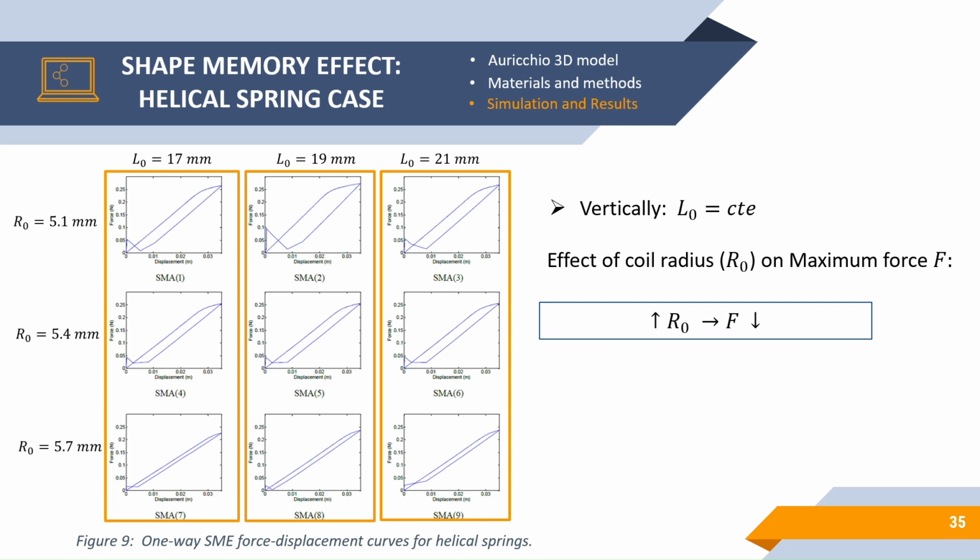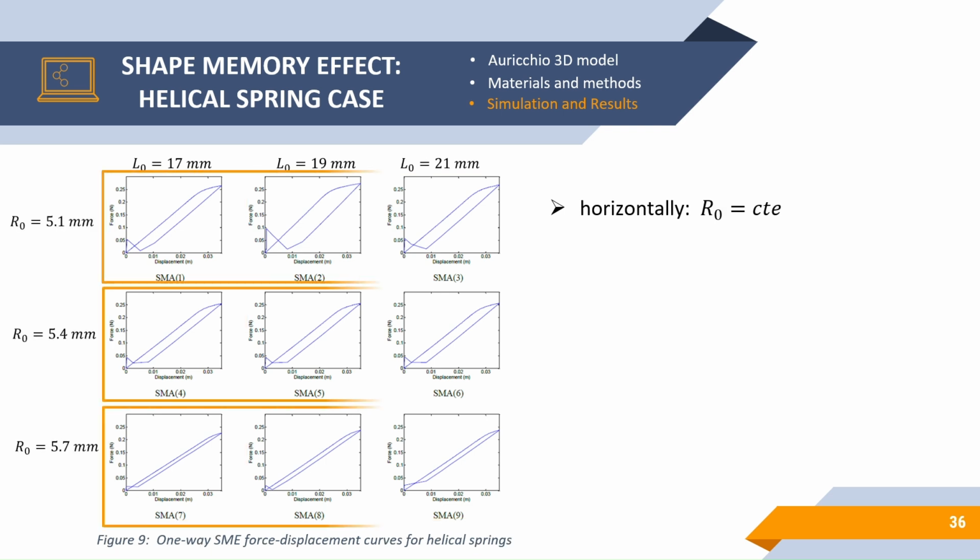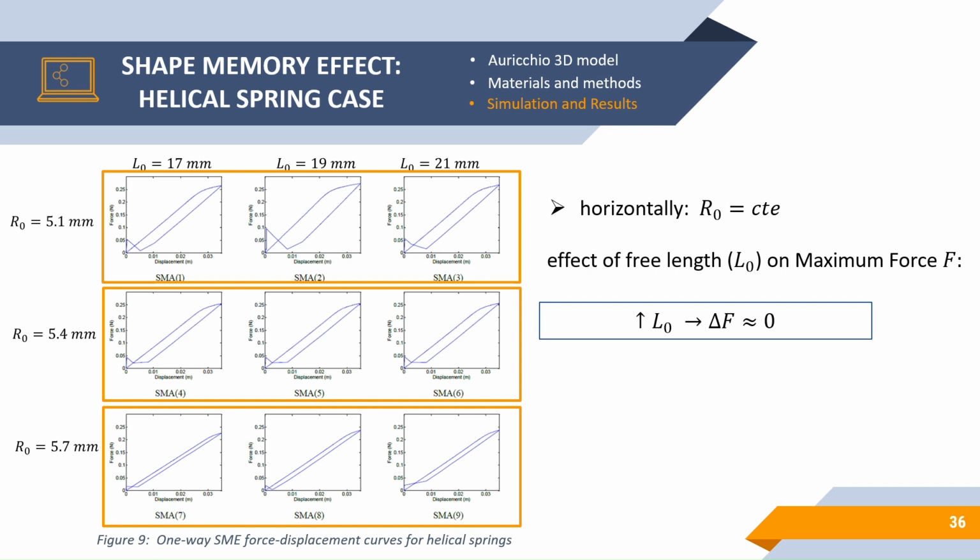Increasing the coil radius leads to a decrease in the maximum force. Now, when comparing the curves horizontally with constant coil radius and a variation in the initial length, it seems that the maximum force is not highly affected by the free length, showing only a minimal variation.